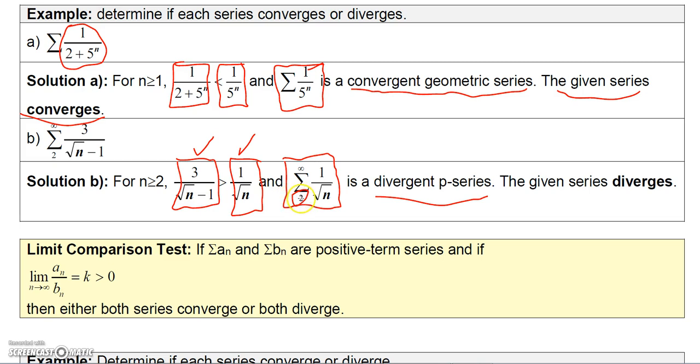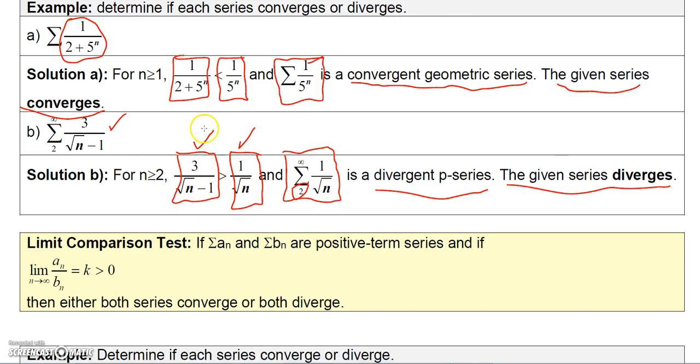So if you start at 2, you just lose that first term, which is 1. But if you take 1 away from infinity, you still got a divergent value of infinity. So anyway, this is a divergent p-series, and since all the terms of this series here are greater than the terms in this series, then the given series diverges.